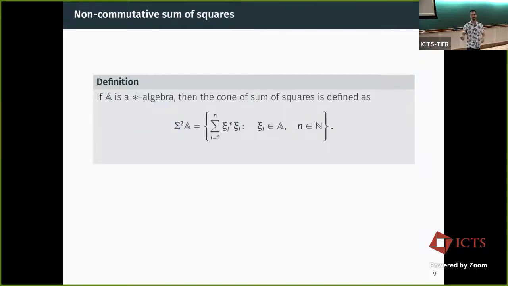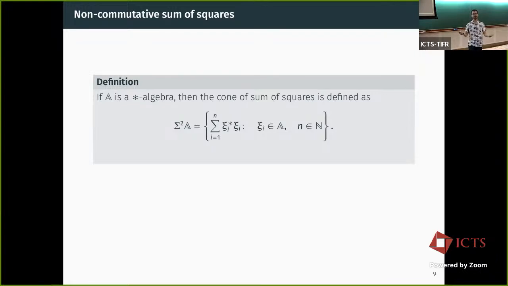Now, because we are dealing with property T, we have to leave the simple world of polynomials, where everything is commutative. And now we have to enter into the world of non-commutative things, right? Because we'll be dealing with groups, which, as we know, sometimes are non-commutative.